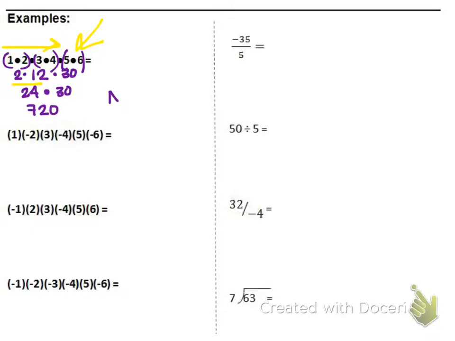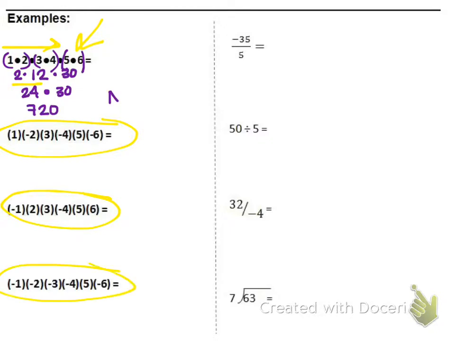Now what I'd like you to do is to take a look at the next example. There are 3 problems coming down the pipeline for you. The difference you're going to find with these 3 problems is where the negatives are placed, and in general, your answer will either be 720 or negative 720.